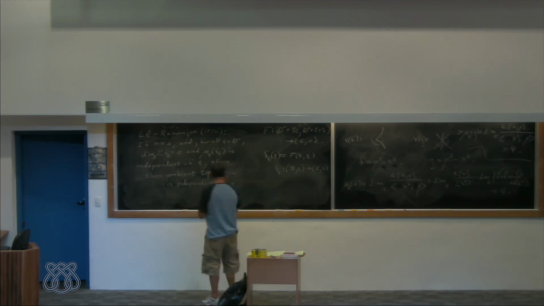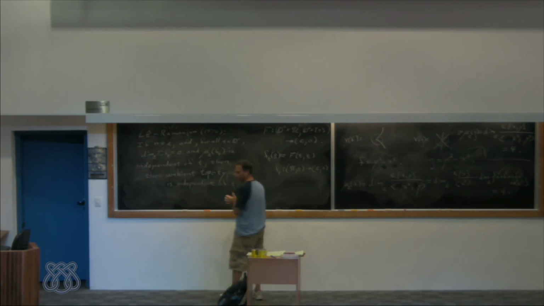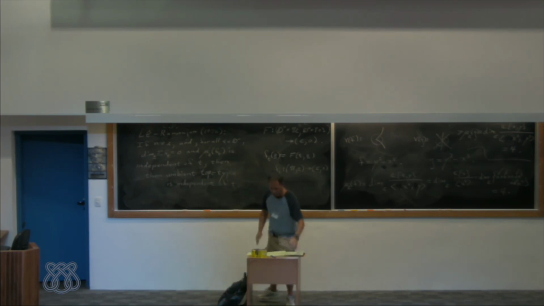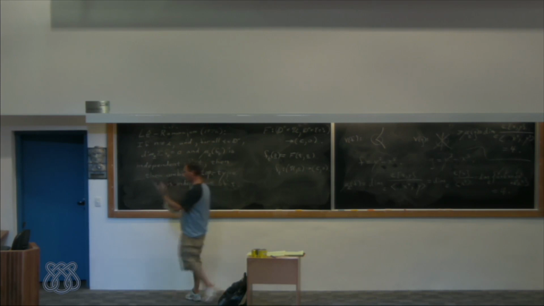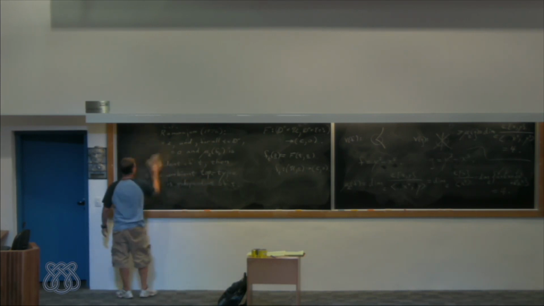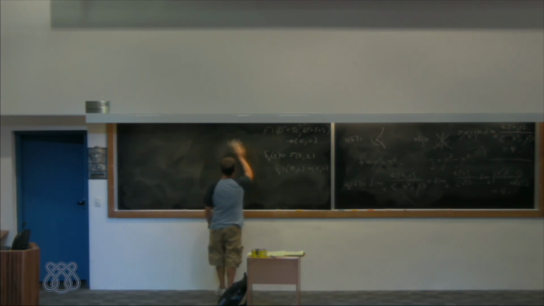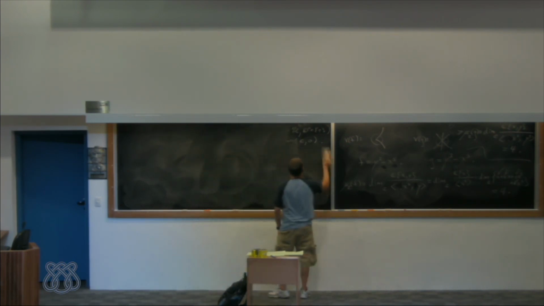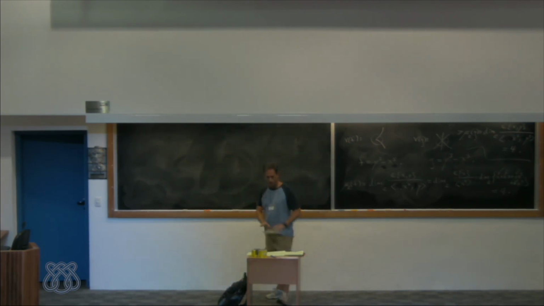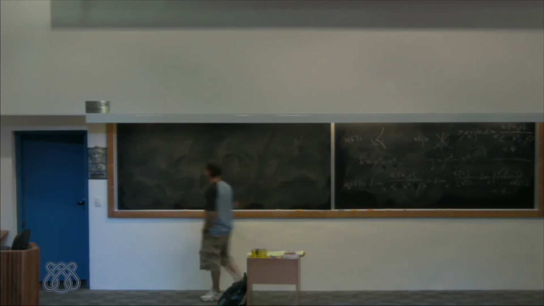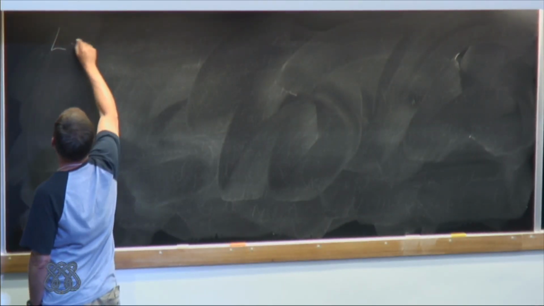If you've never seen Morse theory, it is stunningly beautiful. If you have seen it, it's still beautiful. You just probably won't be overwhelmed by its beauty all over again. So now, this is really lecture 2.